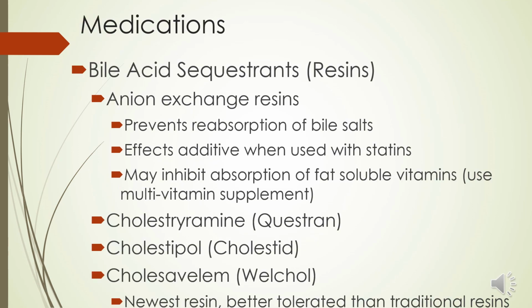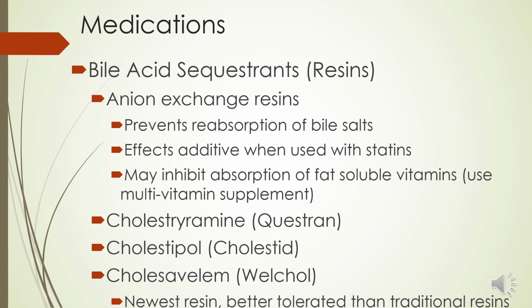Other drugs used, as mentioned earlier, in combination with the statins are the bile acid sequestrants or bile sequestering agents, and their examples are cholestyramine and colestipol, which sequester bile acids in the gastrointestinal tract and block their recycling. But these drugs also block absorption of fat-soluble vitamins.